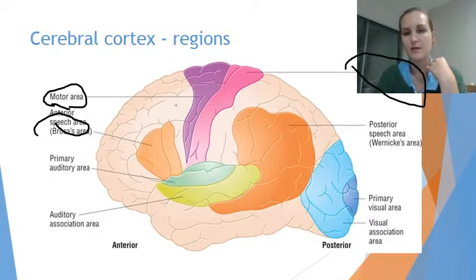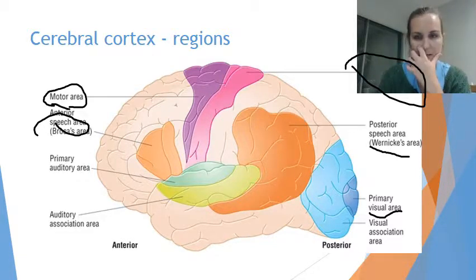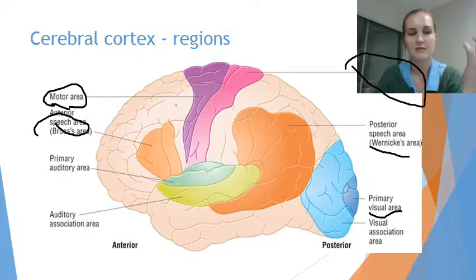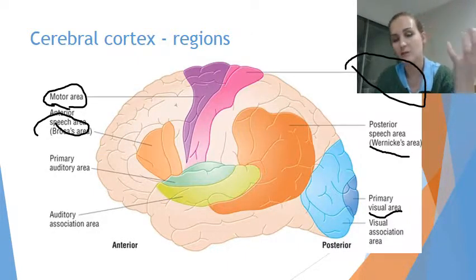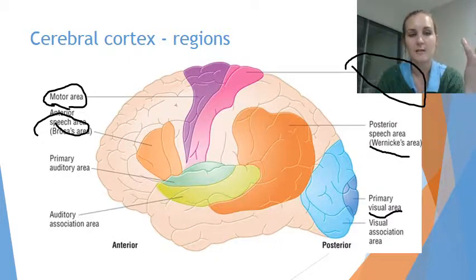Another speech area at the back here. We have a visual area here, looking after our vision. And there are a lot of other parts of the brain which look after other things. For example, the frontal lobe does a lot of higher order processing up the front here, which isn't mentioned in this.